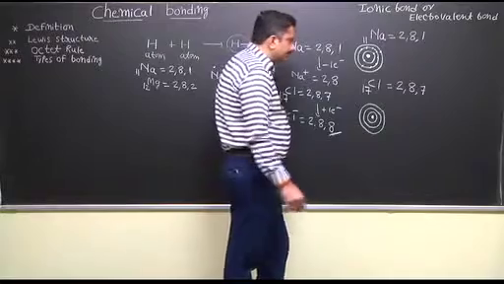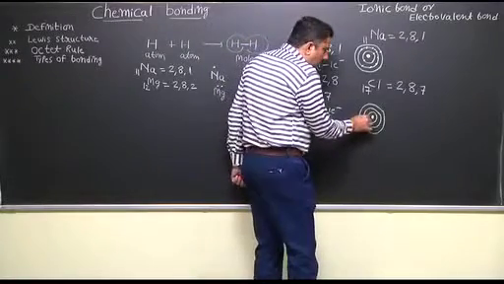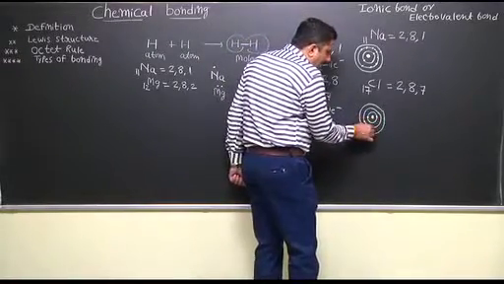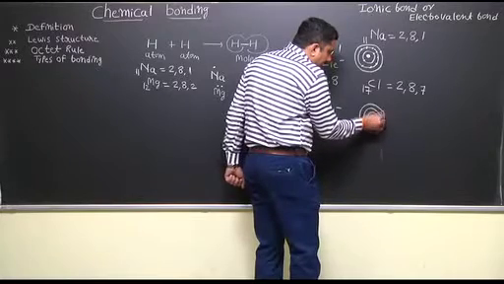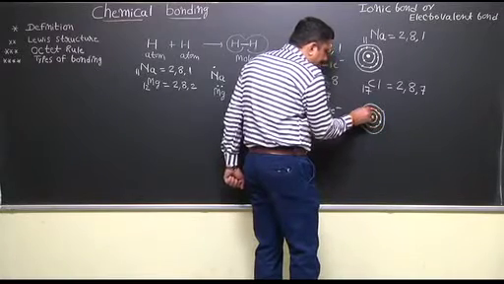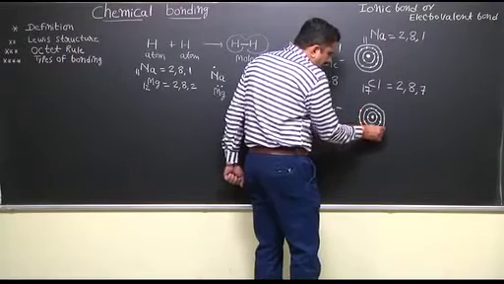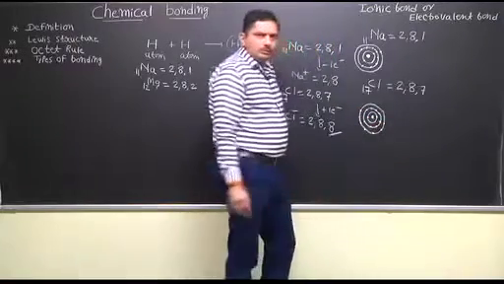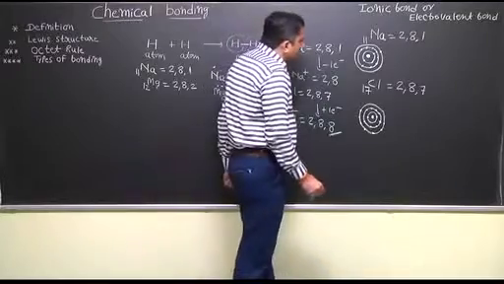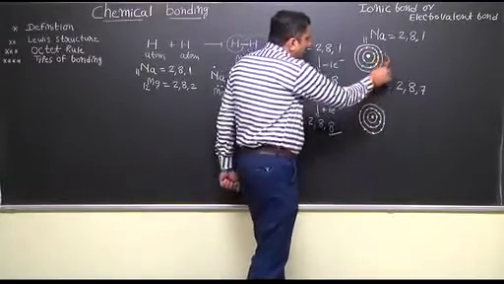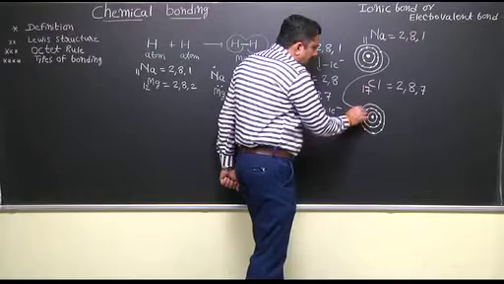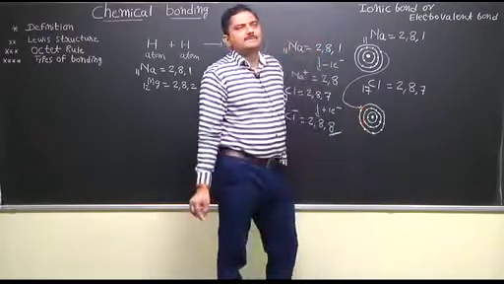In chlorine, 2, 8, 7. So, transfer of 1 electron from the sodium atom to the chlorine atom takes place.